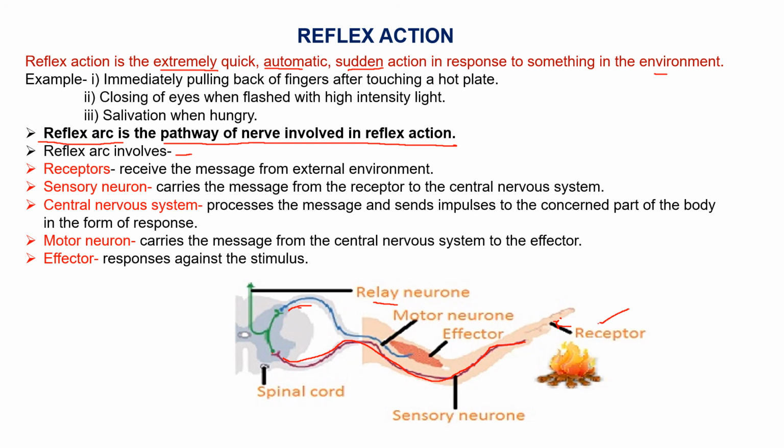Now the motor neuron will send a signal to the muscles of the hand that you have to take your hand out immediately, right? So muscles are the effectors. They will contract and you will take your hand out from here. So this is our reflex action, children. You can read it in detail.